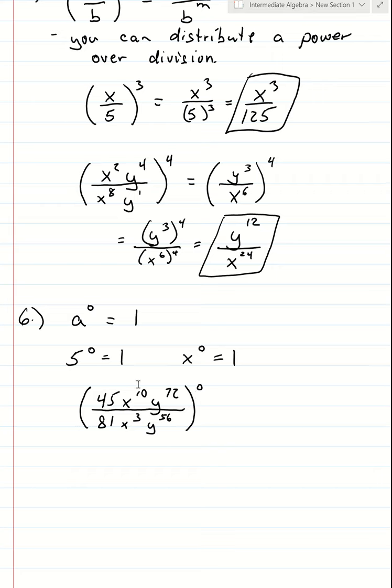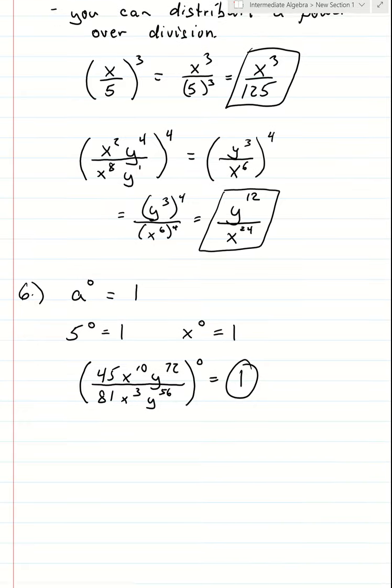The fact that what's inside the parenthesis is raised to the 0 power, the whole thing is nothing more than the number 1, okay? So anything raised to the 0 power equals 1, okay? Whether it be a simple number, a simple variable, or this complicated algebraic expression. By raising it to the 0 power, it's nothing more than the number 1.